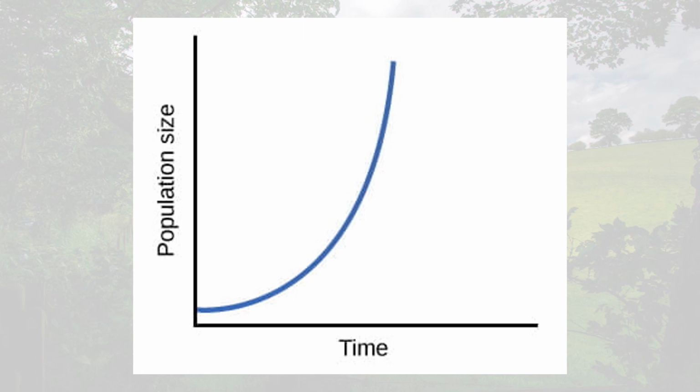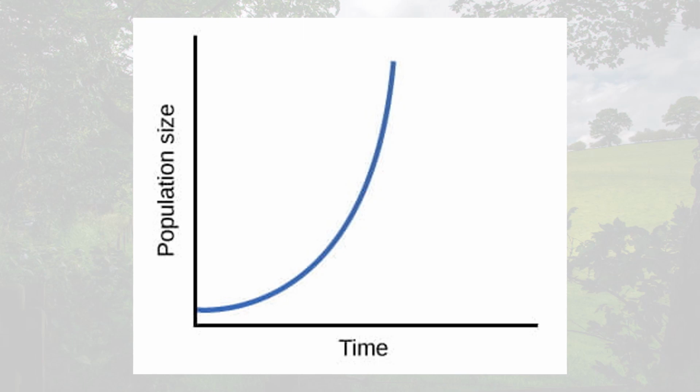In this graph, as you can see, due to the continuous supply of resources to the population, there is a constant increase of the population in the area with time, and we get a J-shaped curve in this manner.